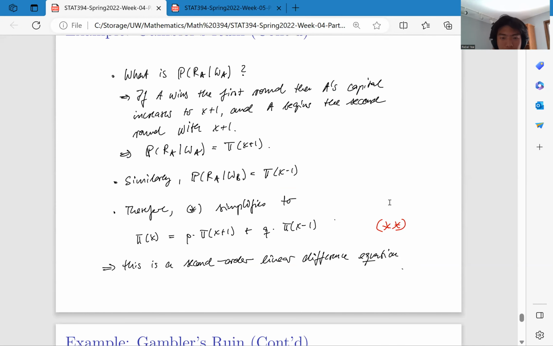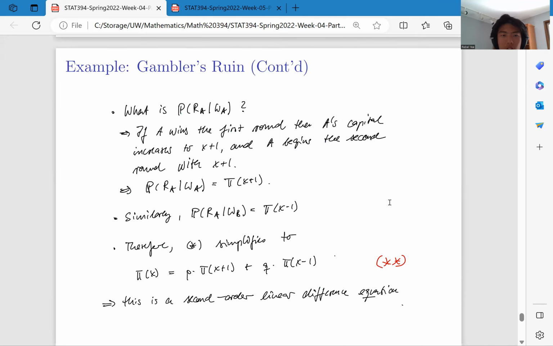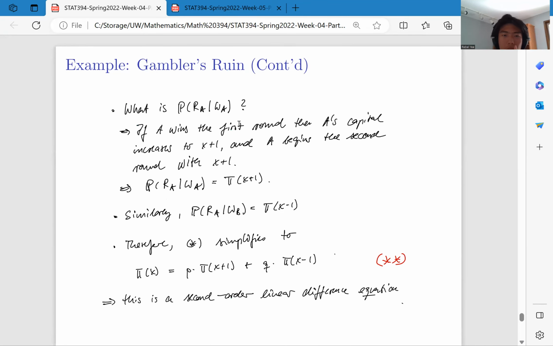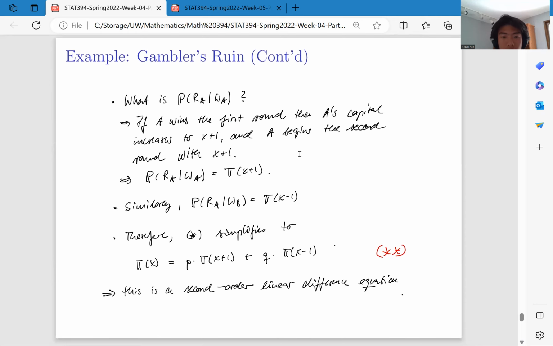Okay, so as illustrated before, the probability of RA given WA is: A wins the first round and A's capital increases to x plus 1, and R given WB, for the same reasoning, for the same explanation.